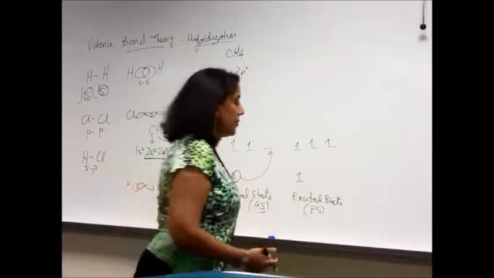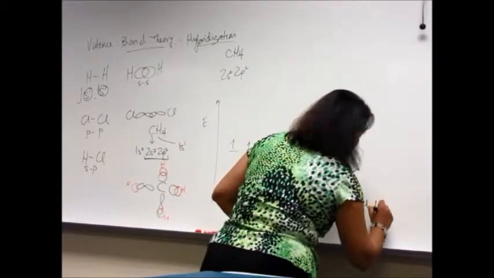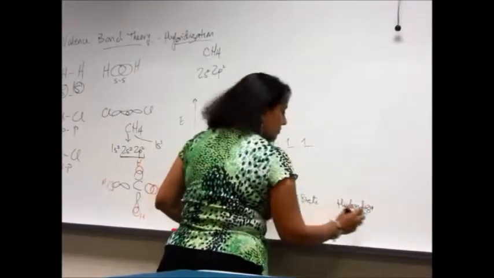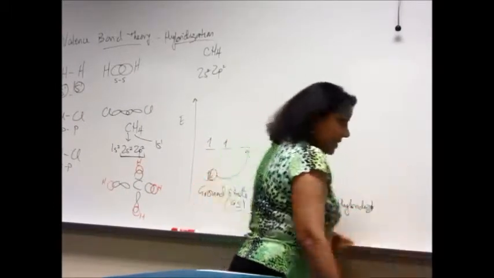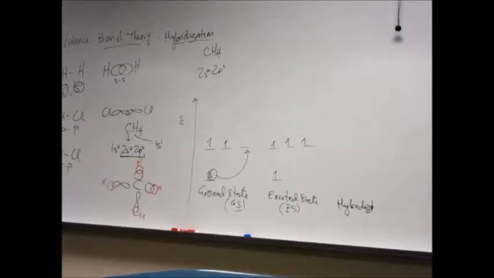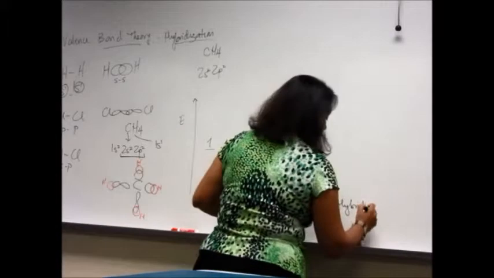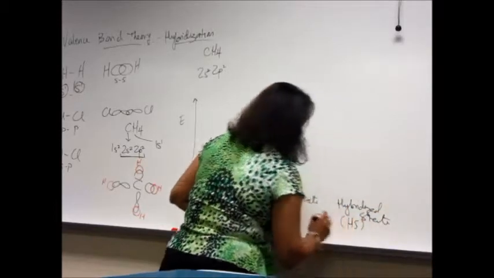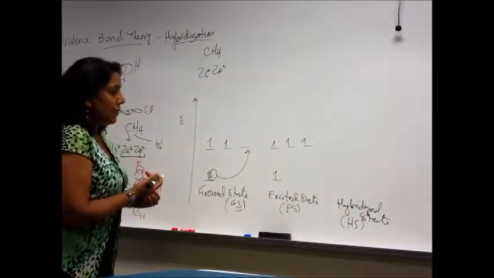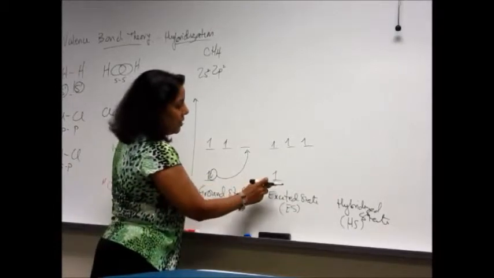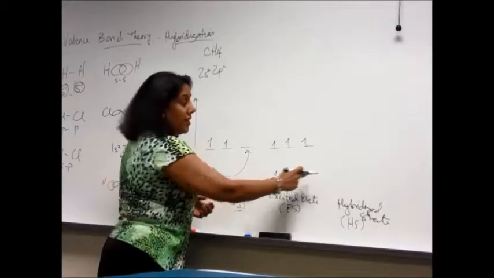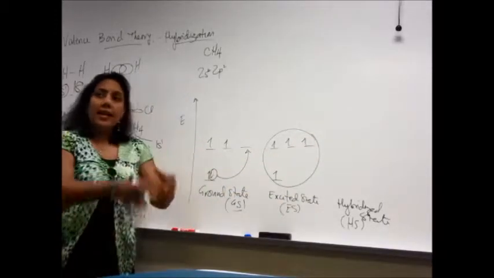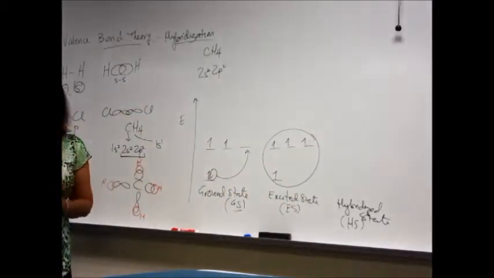And now comes the hybridized state, because this is where hybridization occurs. So here's what is happening in the hybridized state. You will take one of the S over here, and then 3 of the P. So you will take all of these and mix them up very nicely.